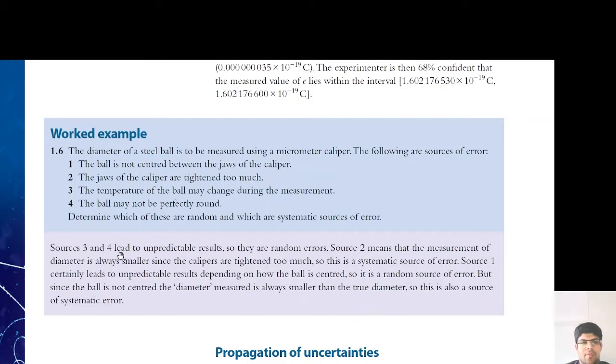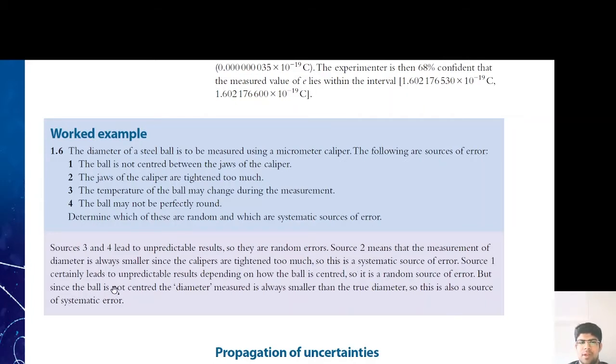Determine which of these are random and which are systematic sources of error. The solution says sources 3 and 4 lead to unpredictable results, so they are random errors. Like the third one, the temperature of the ball: it is unpredictable, how can one predict the temperature? Source 2 means that the measurement of the diameter is always smaller since the calipers are tightened too much, so this is a systematic source of error.